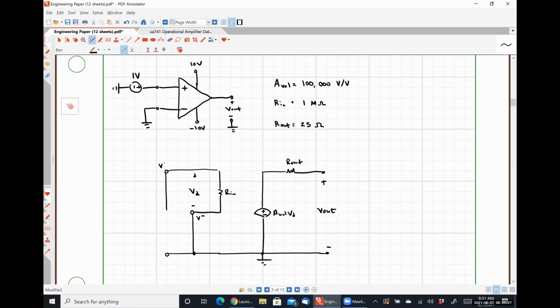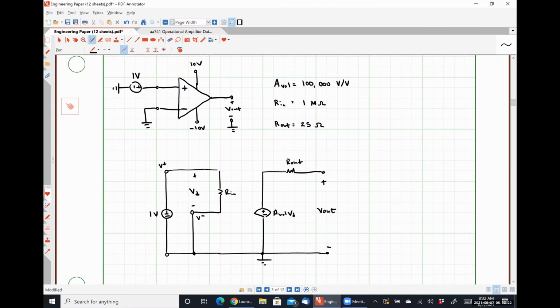So this is V plus up here. Here is my 1 volt source. Right? Anything not making sense for how I've redrawn this? Let's start there. Okay. It really doesn't get much harder than this.